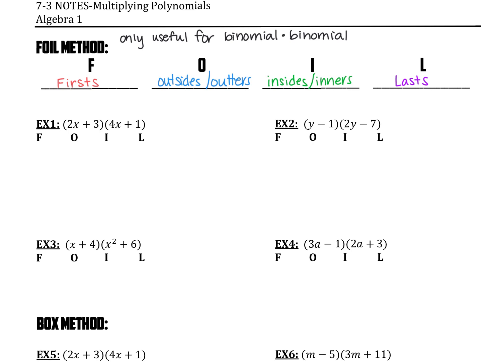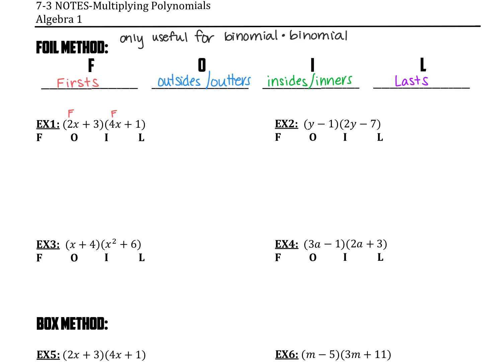Okay, so let's talk about our firsts. When we talk about the firsts, what we're referencing are the first 2 terms in each parenthesis. So in our first example, the 2x and the 4x would be referenced as our firsts. Okay, so I'm just going to put a little F here and an F here to represent those 2 terms.